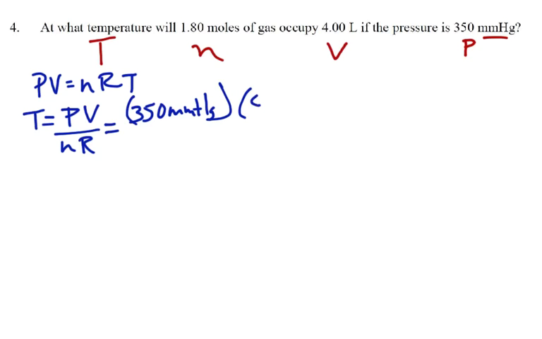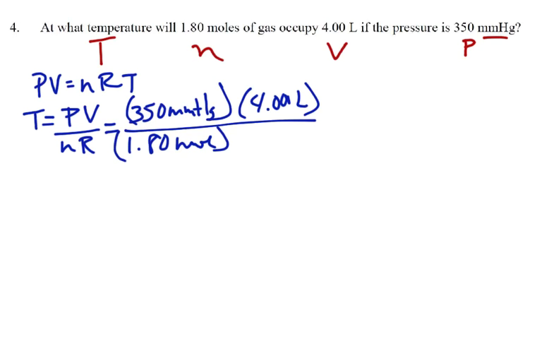Volume is 4 liters. The value of n, 1.8 moles. And our R, again, we said would be 62.4 liters millimeters of mercury per mole Kelvin. Now we do the math on this, and we get a temperature of 12.5 Kelvin.